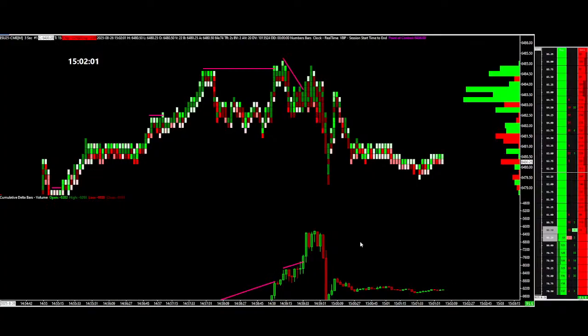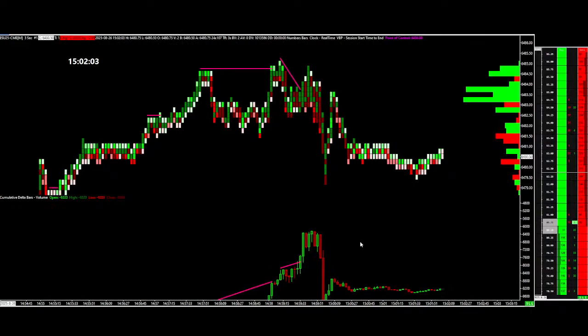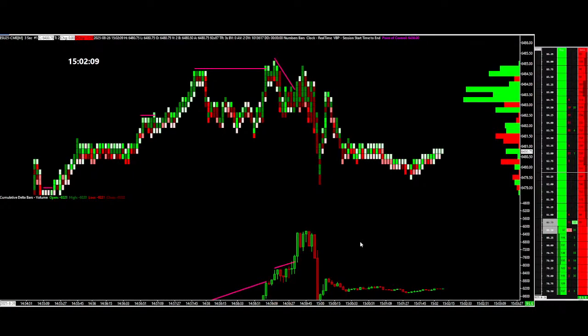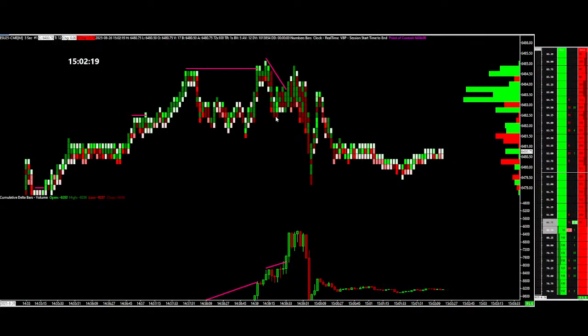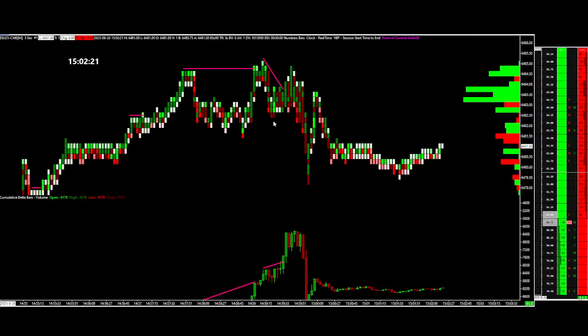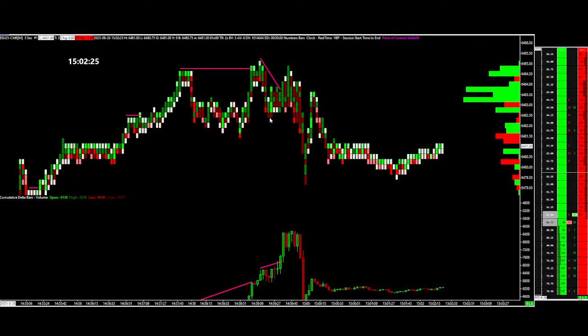Now there might have been something else going on, like a buy side divergence potentially. Actually, there was. If you go to... go to... actually one tick.